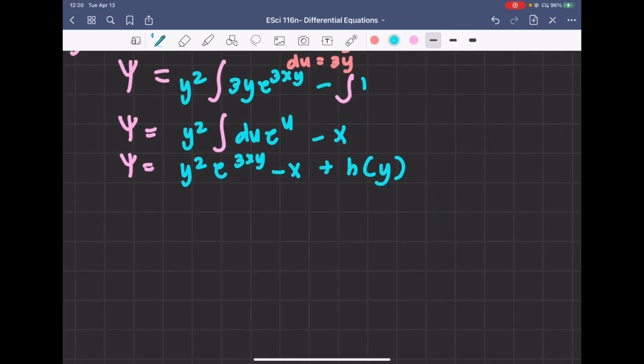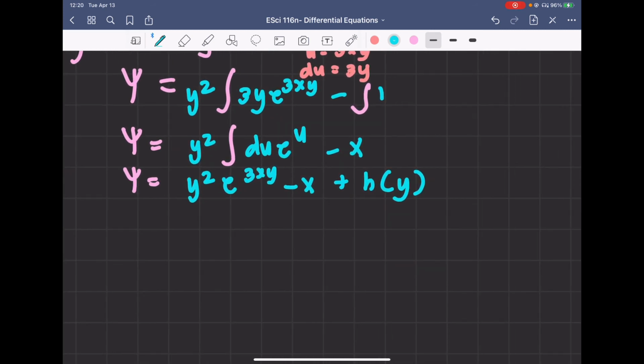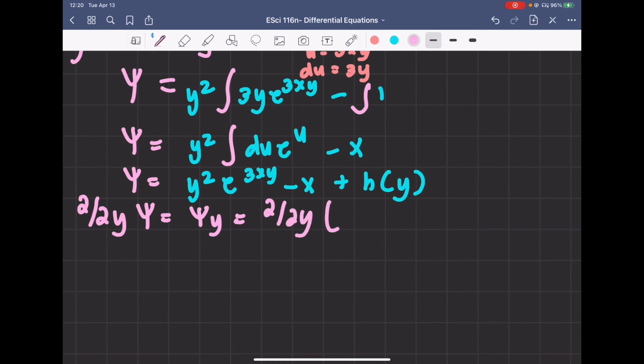So to get our value for h of y, we need to partially derive this with respect to y. So the partial derivative of our psi with respect to y is actually equal to N. So that's y squared e to the 3xy minus x plus h of y.